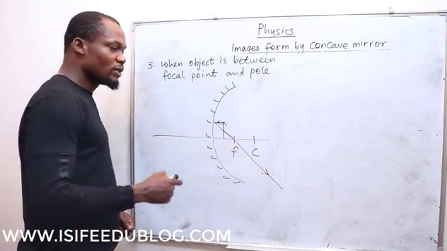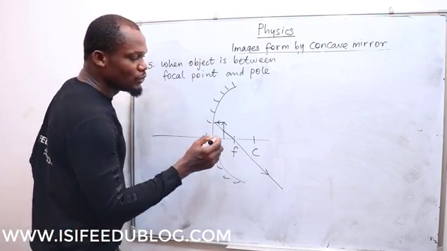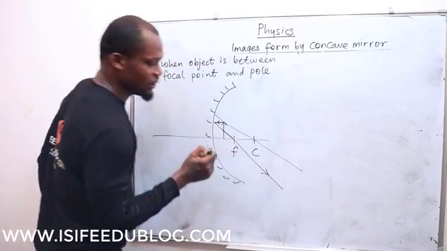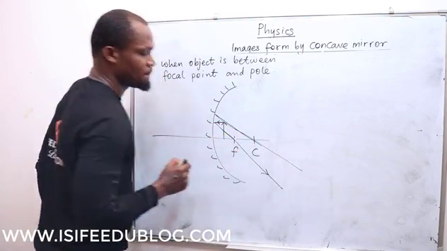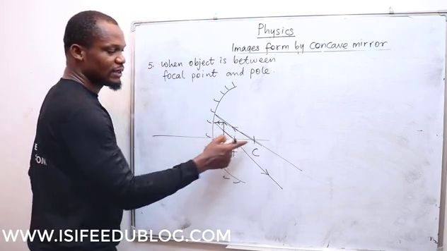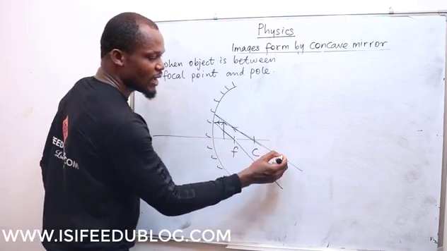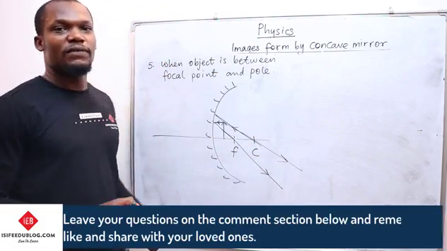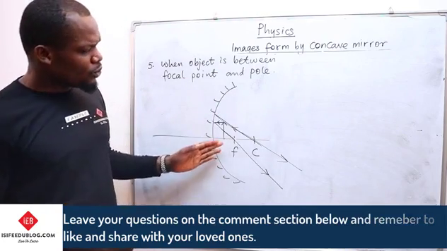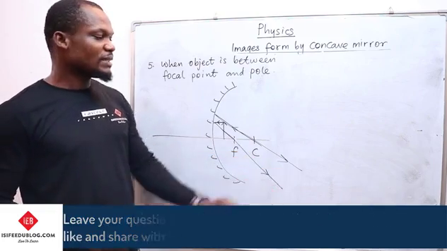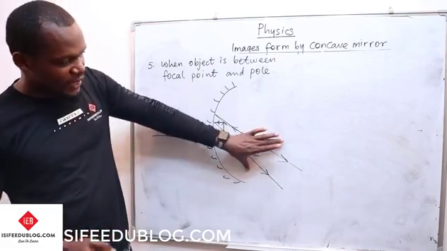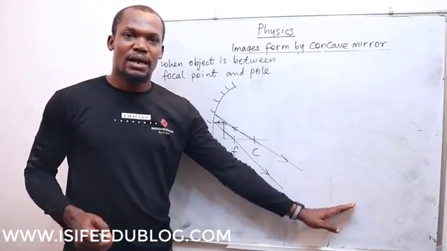Now, secondly, we are going to use the ray that passes through the center of curvature, and as we can see, it is this way. Remember, it is incident through the center of curvature, and it will also do what? Reflect through the center of curvature. That is the third ray diagram. When you take a look at this, you can see that they are not parallel, but they don't tend to meet at this part.